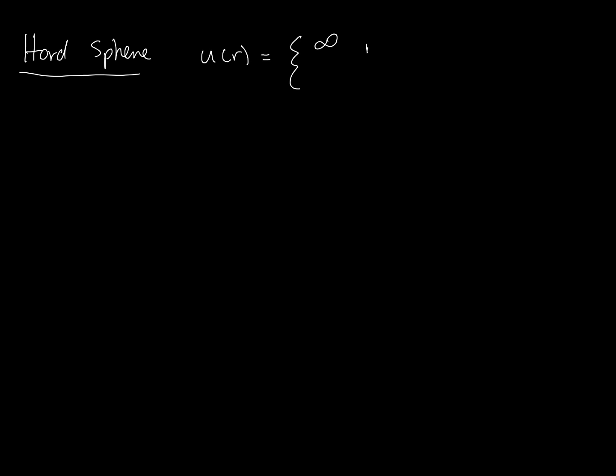It is infinity if your separation is less than the particle radius, or rather this sigma tunable parameter. We can loosely think of it as the particle radius. And it is nothing above a certain size. So then we're calculating the second virial coefficient. And I'm factoring in the 1/2 to the previous expression.